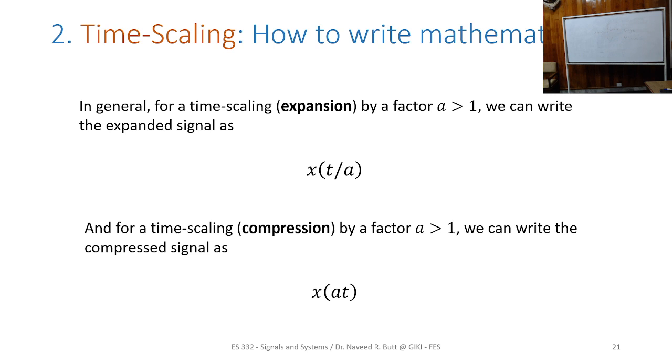It becomes a fraction, so you are multiplying. If a is less than 1, it becomes compression instead, the opposite. So you can say x(at) is compression if a is greater than 1, and expansion if a is less than 1.